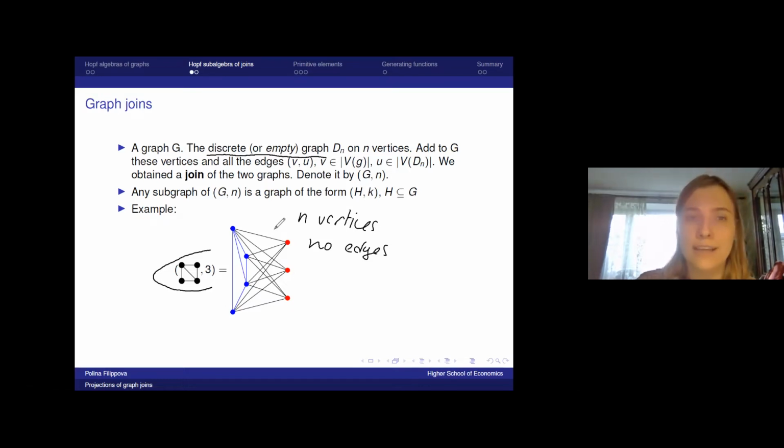And note that any subgraph of this graph has a similar form. We take all the subgraphs, and it's important here that, of course, k is less than or equal to n.